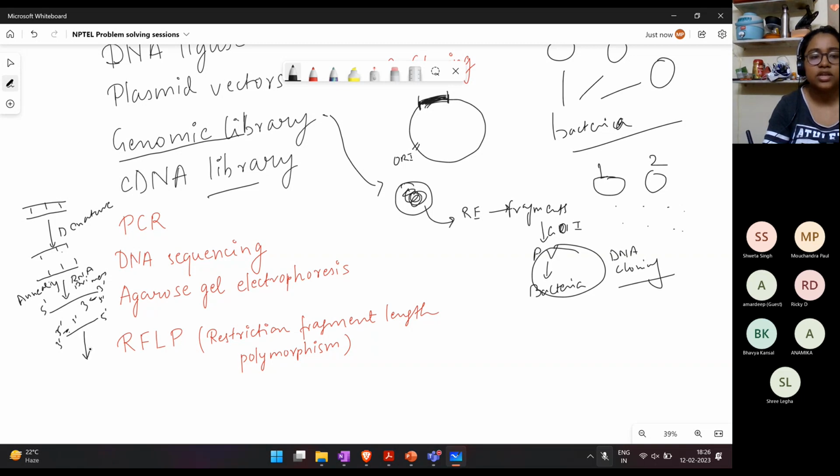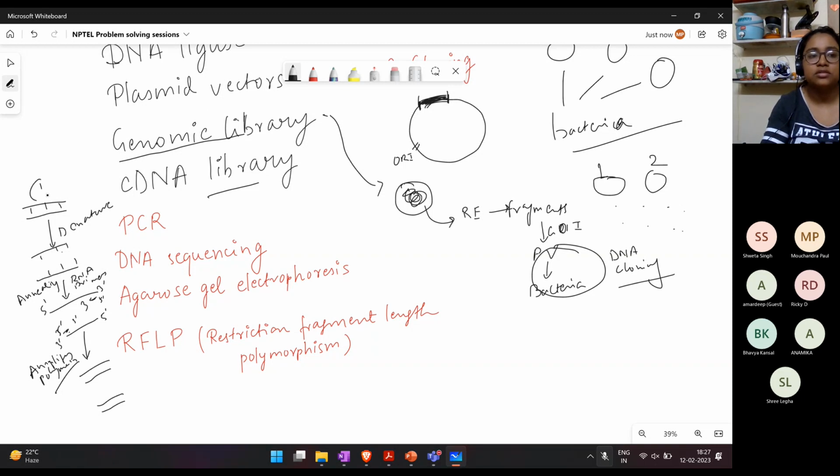Now, when you have annealed your primers, you have to amplify. That is, you want a new DNA fragment to be synthesized by the process of DNA replication. You must be aware, for that you need a polymerase enzyme, right? After the polymerase enzyme has done its job, you get two separate DNA fragments.